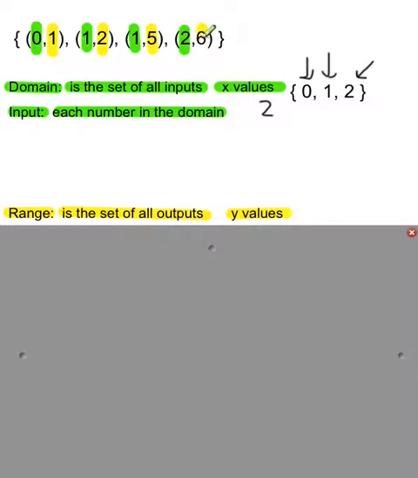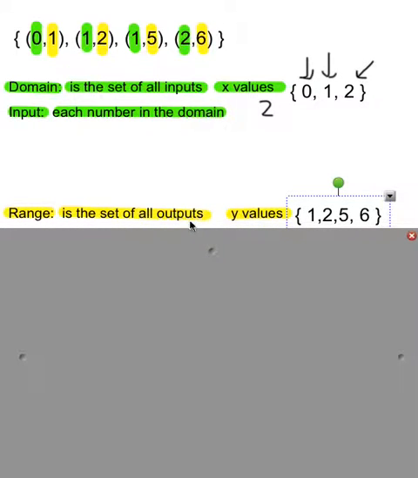So since there's 4 ordered pairs, I'm going to highlight 4 numbers. If I ask you to write your answer for the range, I'm going to start with a solution set, and I'm going to write them all down, starting with the number 1. There's 1, there's 2, 5, and 6. And then I'm going to close my solution set. That's how you list your range.